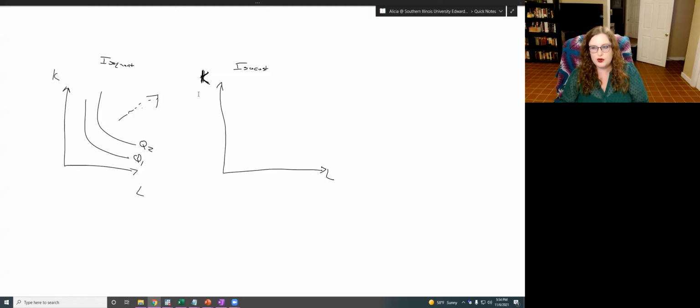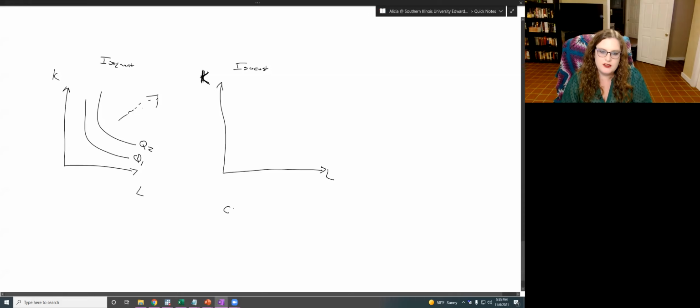What we do know so far is the equation that I showed you earlier. The total amount of cost for whatever we're producing is equal to the wage that we're paying our laborers, WL, plus the rental rate times capital. So let's rearrange this, because we need an equation where we can talk about one good in terms of the other.